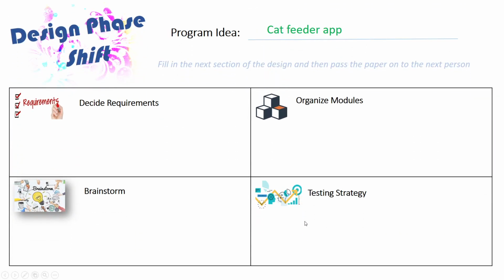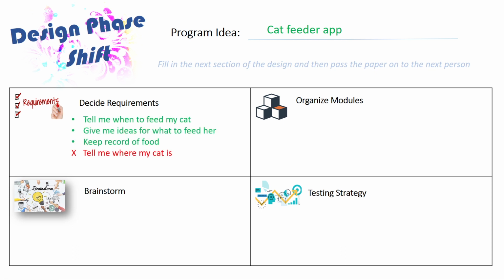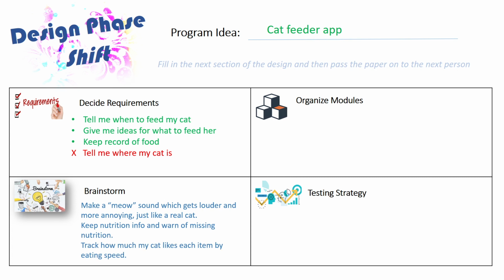All right. So, for example, I did a cat feeder app. Let's have a quick look. So, cat feeder, okay. The requirements are: tell me when to feed my cat, give me ideas for what to feed her, keep a record of the food. Outside the requirements is to tell me where my cat is, because who knows. Now, I might make some brainstorming ideas here.